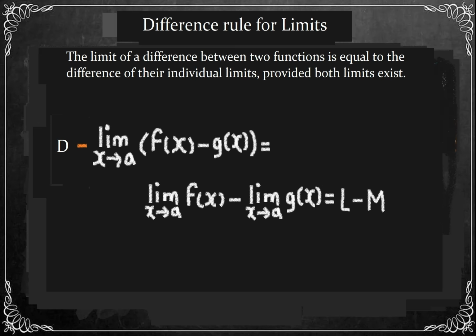Basically, if f of x and g of x are two functions, and the limit of f of x as x approaches a is L, and the limit of g of x as x approaches a is M, then the limit of their difference is the following notation. But, with the condition, this rule applies only if the limit of each function exists as a finite number. If we can't meet that condition, ladies and gentlemen, there's no point in going on, but we can.